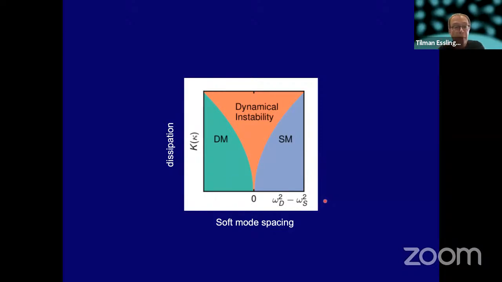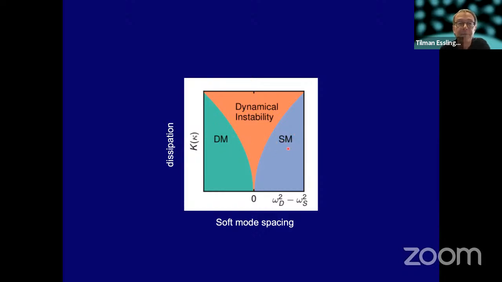And now let's move on, and let's look at this phase diagram, just so that you see what's coming along. So this DM stands for density mode and SM for spin mode.